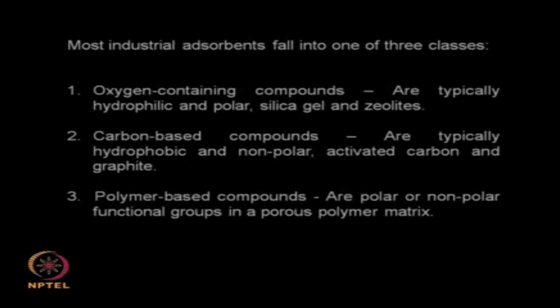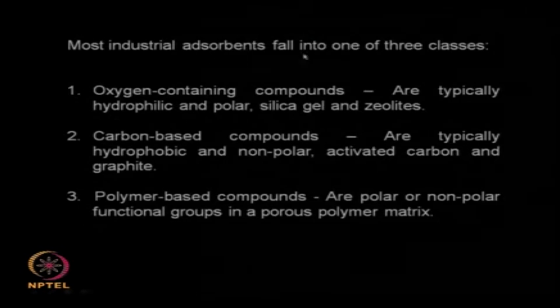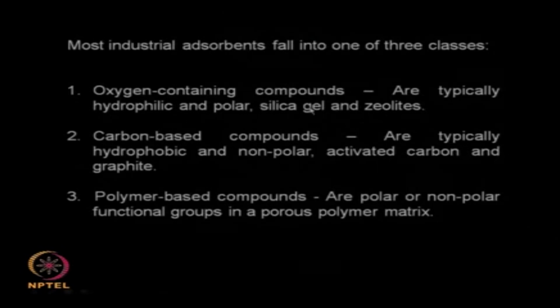Most of these industrial adsorbents fall into three classes. One is called the oxygen containing compounds, then carbon based compounds, and polymer based compounds. If you take oxygen containing compounds, as the name implies, there is an oxygen there, that means they are hydrophilic and polar, like silica gel, zeolites. Silica gel is nothing but some sort of a sodium silicate, so they are all hydrophilic.